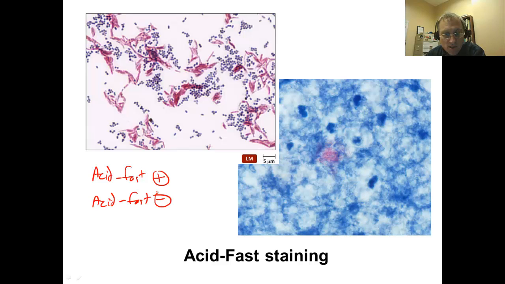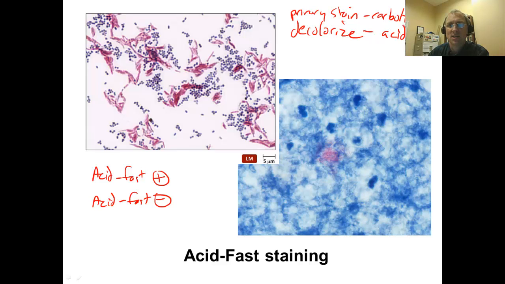The principle of it is much the same as we saw with the Gram staining procedure, where we come back with a primary stain, which in this case is called carbol fuchsin, a decolorizing step, which is going to remove the carbol fuchsin from the acid-fast negative microorganisms, and it's actually a solution of acid, hydrochloric acid, that's used to decolorize these.